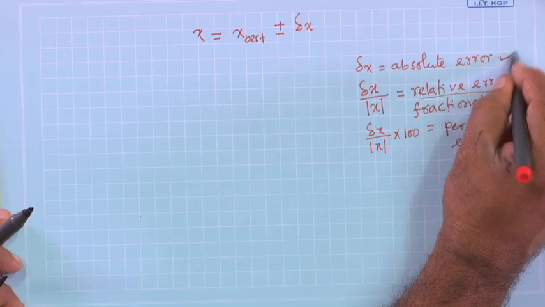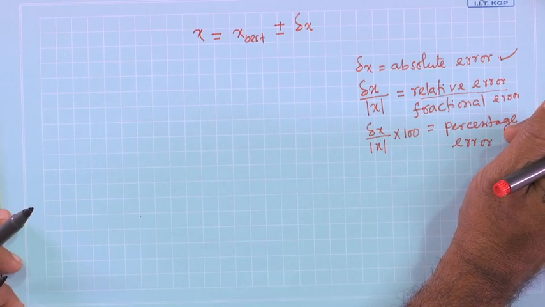For all experiments, generally we do not write the absolute error; we write the fractional error or percentage error. That depends on the situation and how comfortably we can represent our result.